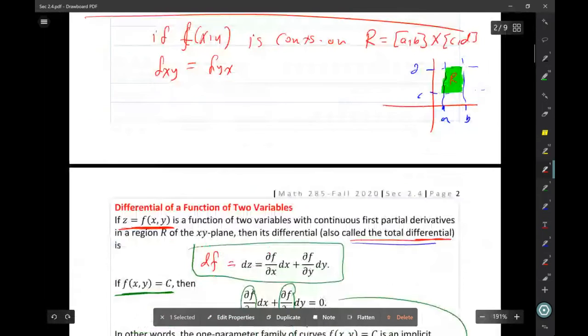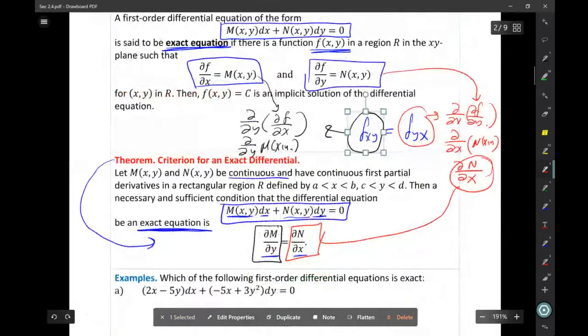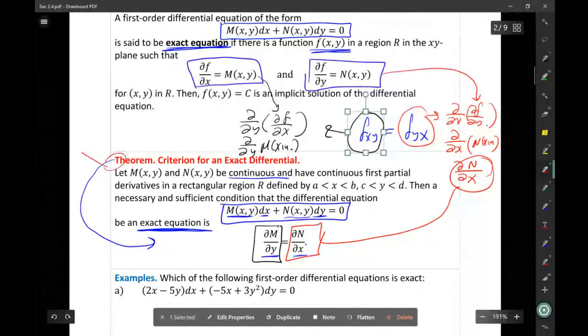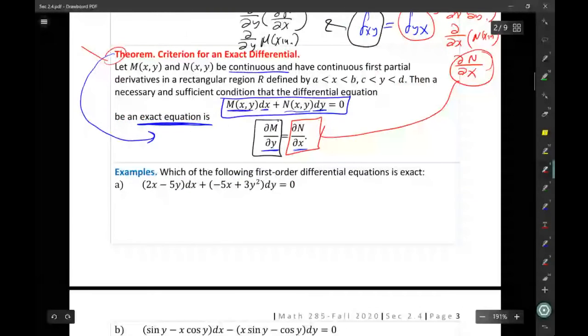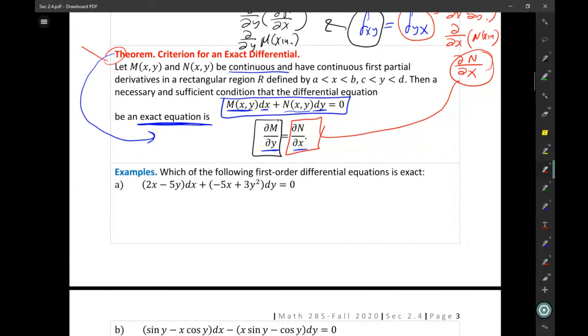All right. Now, by the way, you can start from here with me regarding the partial derivatives. Now, let us see, is my differential equation exact or not? Let's see. The first one is (2x minus 5y) dx equals (minus 5x plus 3y squared) dy.